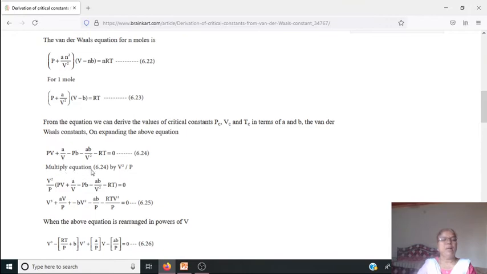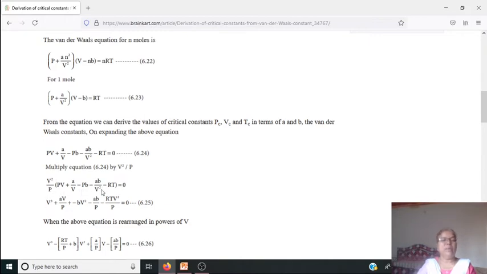Then multiplying this equation by V square and dividing by P, we get V square by P in a bracket (PV plus a by V minus Pb minus ab upon V square minus RT) is equal to 0. By multiplying V square and dividing P, we get this equation.